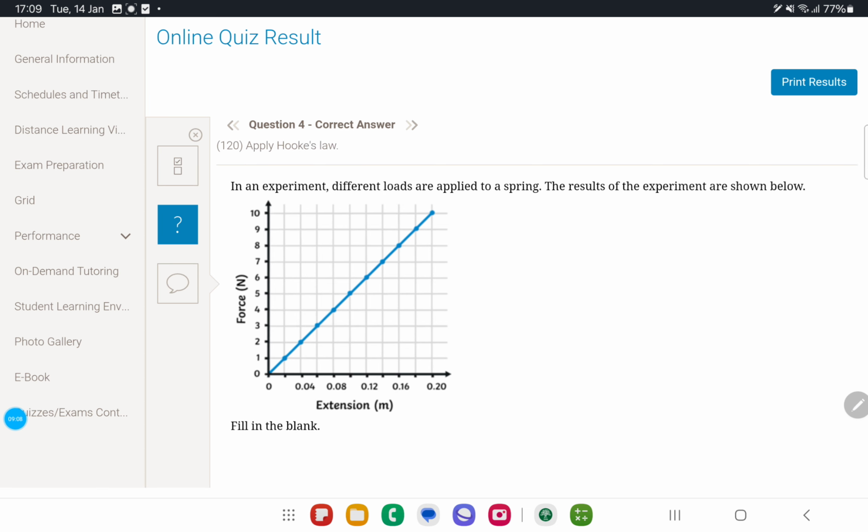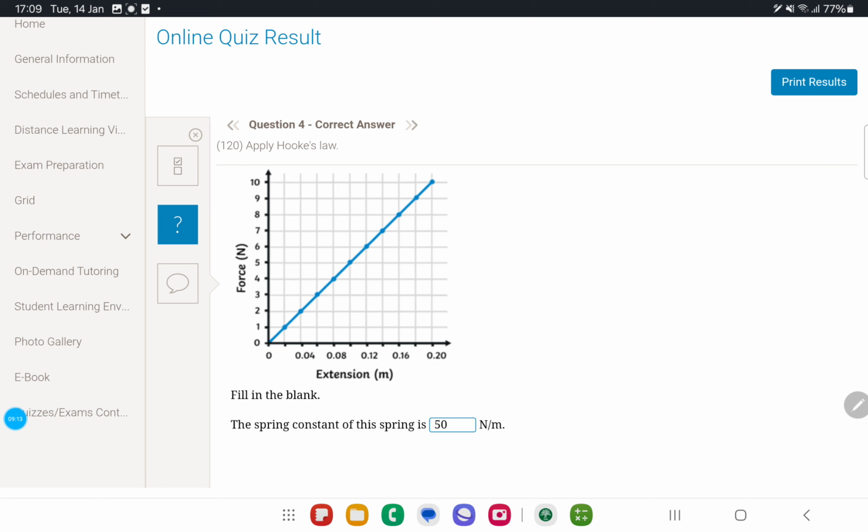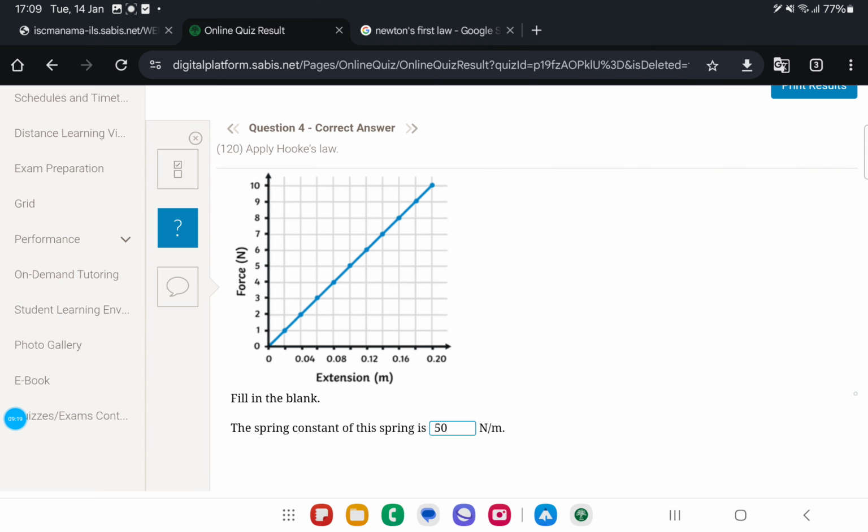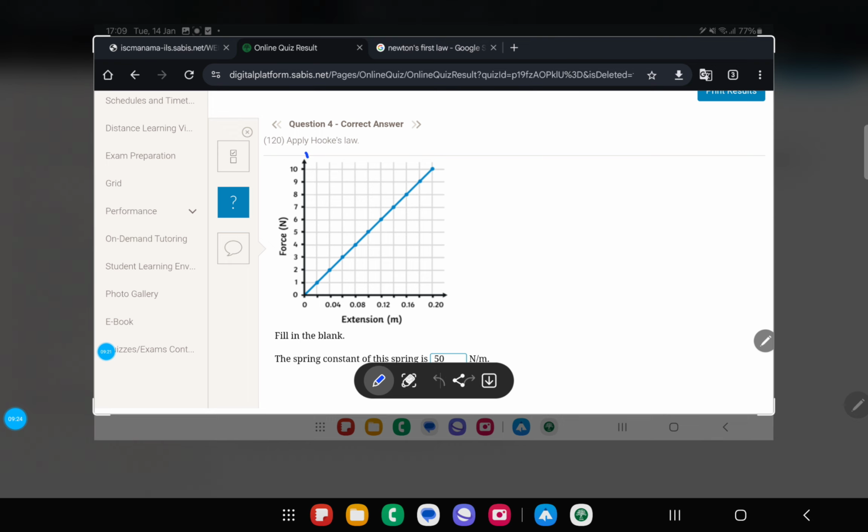Question 4. In an experiment, different loads are applied to a spring. The results of the experiment are shown below. Okay, now let me just tell you a rule you have to memorize. It's called Hooke's law. Now, Hooke's law is F equals K delta L. F is the force.